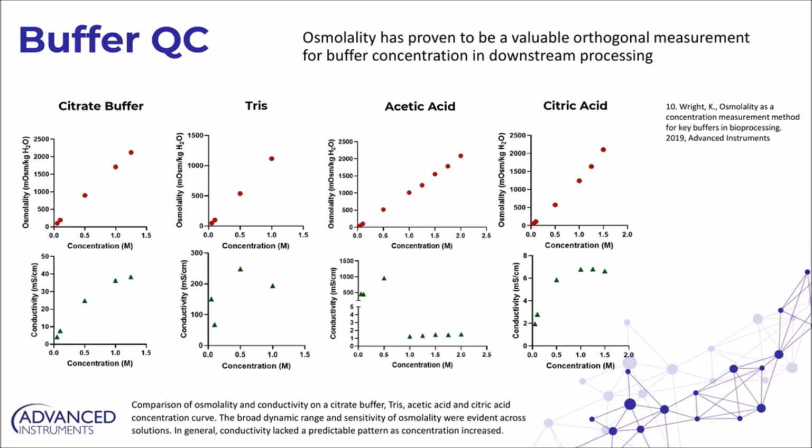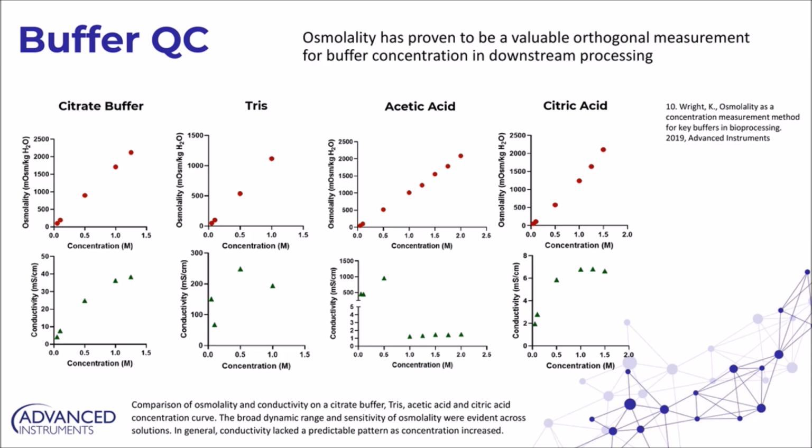And as you can see from the graphs, while not perfectly linear, osmolality certainly offers really great predictability and reliability across the concentration ranges. Another thing that's really interesting is that the resolution of these curves is great. So if we're operating from 0 to 2000 milliosmoles, you can see that there is a very clear difference between the osmolality at one concentration and another.